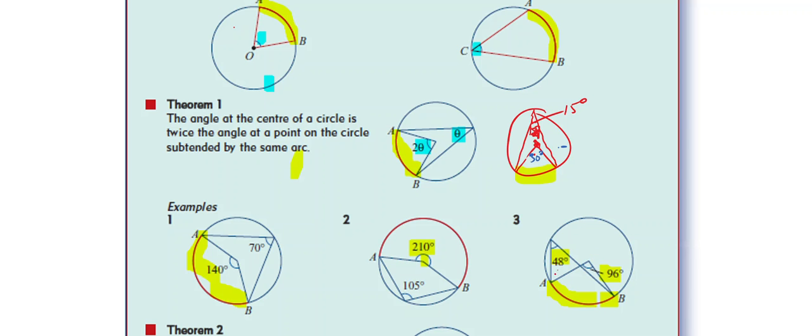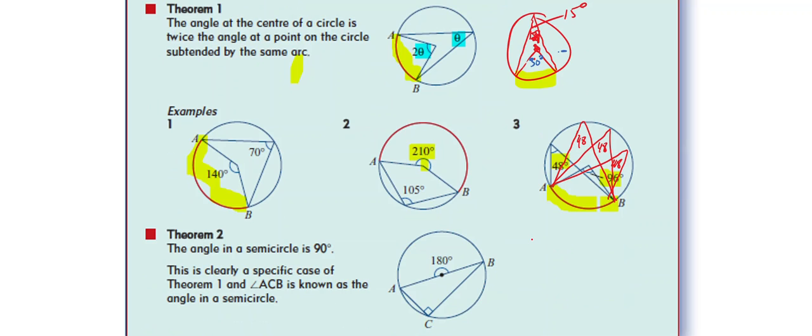So based on this principle, I can draw many angles. I can draw an angle that's covered by AB. That's still 48. I can draw another one like that. That's still going to be 48. I can draw another one like that. That's still going to be 48, etc., etc.